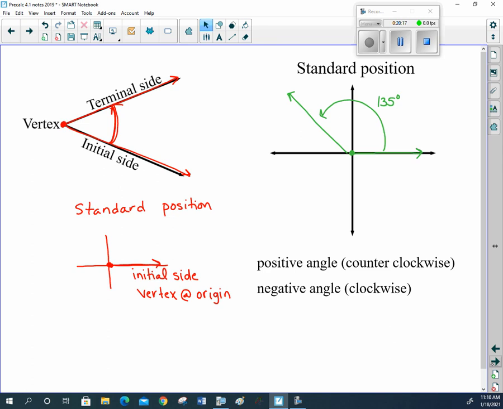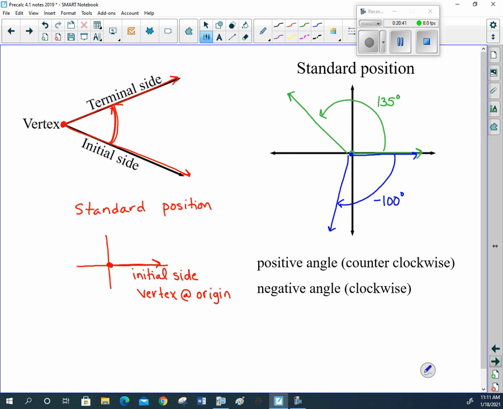If I take that initial side and rotate clockwise, so let's say right there, and I want to put that degree measure, well, if I rotate clockwise, that's going to be a negative. So let's say that's negative 100 degrees.